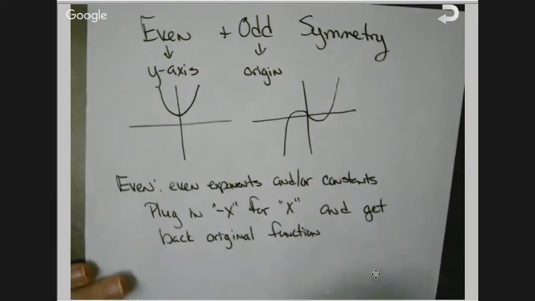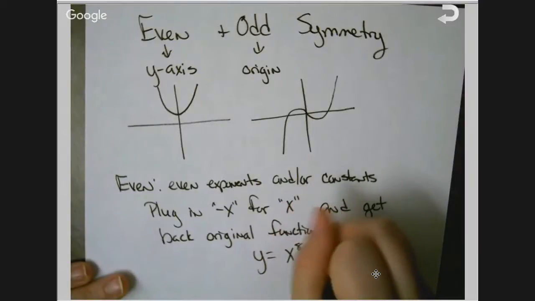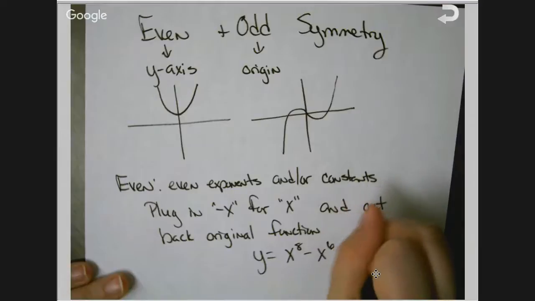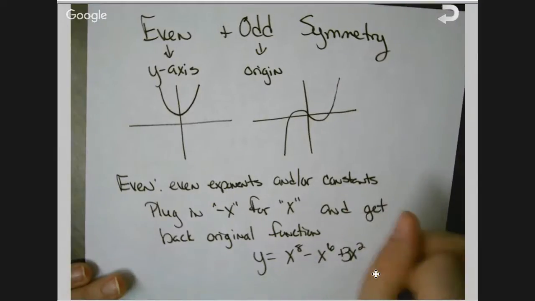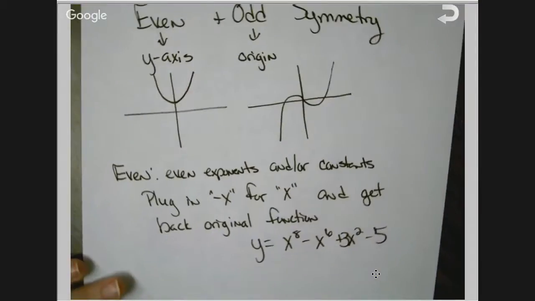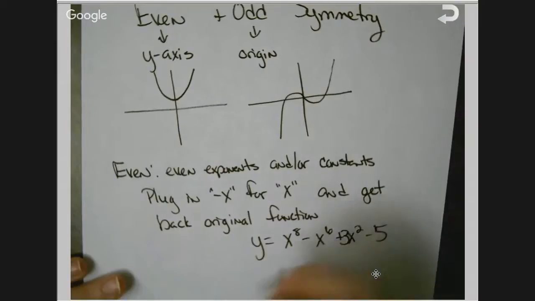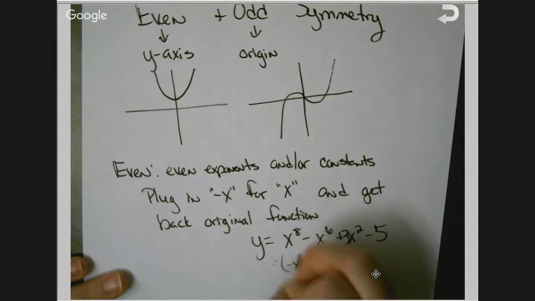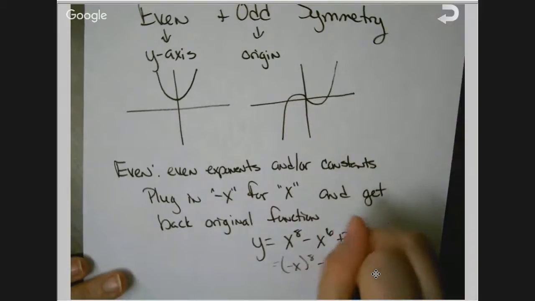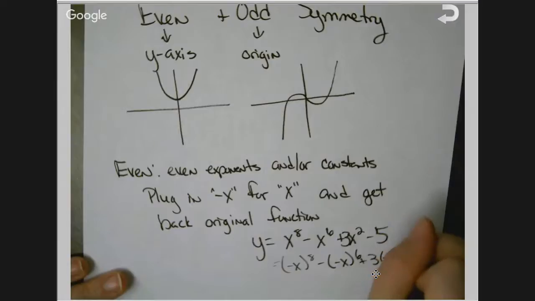So an example of that would be y equals x to the 8 minus x to the 6 plus, I'll do 3x squared just for fun, minus 5. Well, if I plug in negative x for each of these, so negative x to the 8 minus negative x to the 6 plus 3 times negative x squared minus 5.